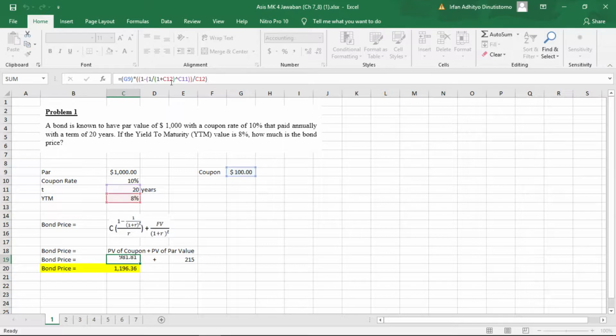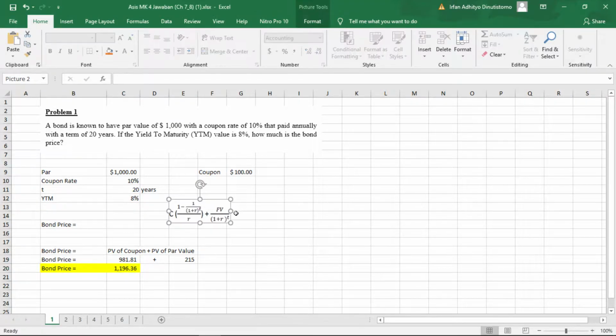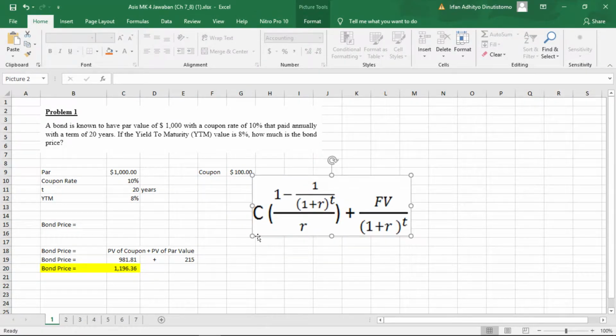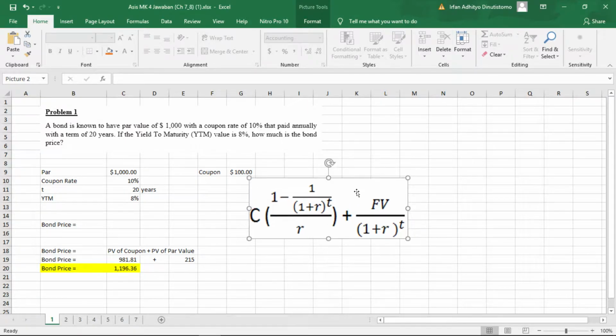This is the present value interest factor, and this is the C, the coupon that we're going to multiply by the present value interest factor of annuity.